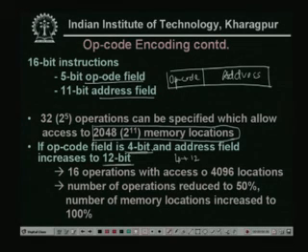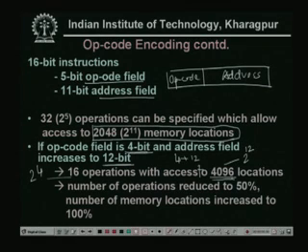So, for a 4-bit opcode, 2 to the power 4 is 16 operations, with access to 2 to the power 12, which means 4096 locations.